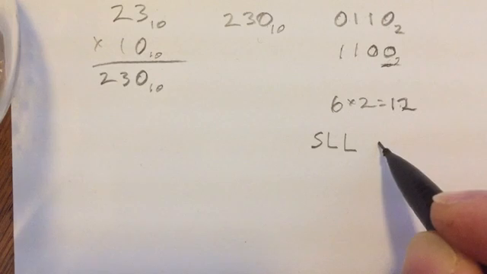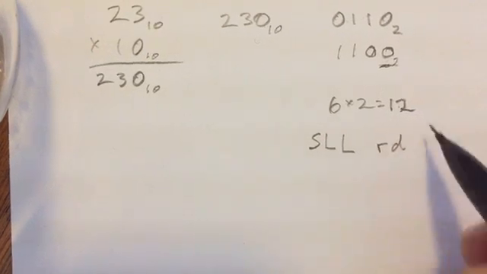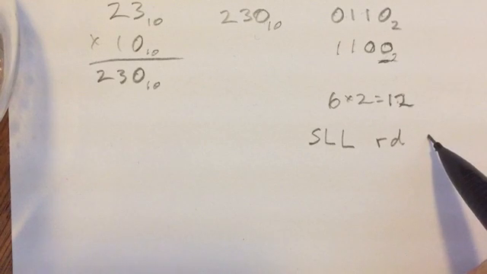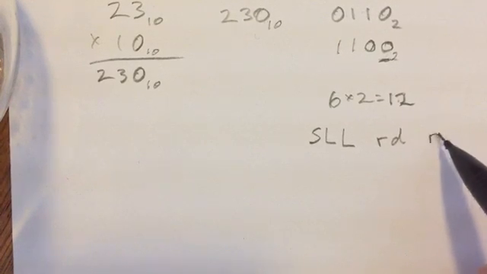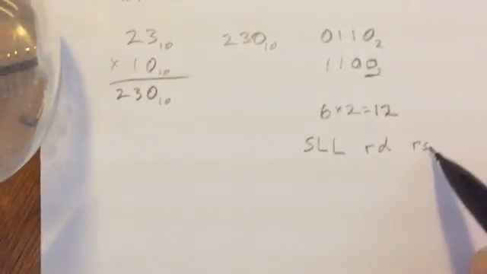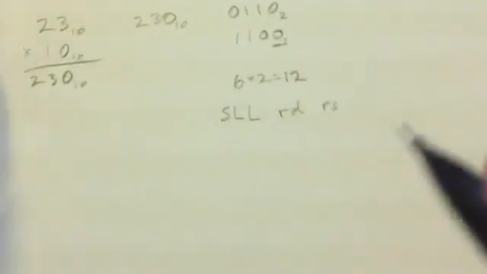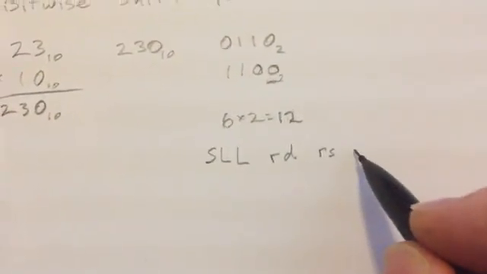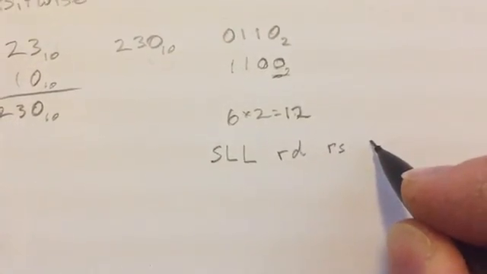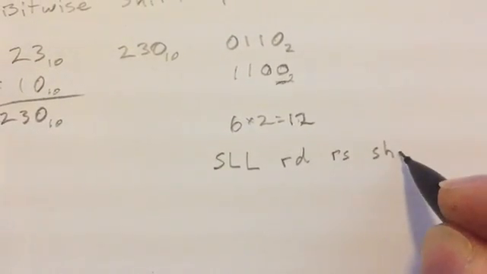You have your destination register, your source register, and what is called a shift amount.